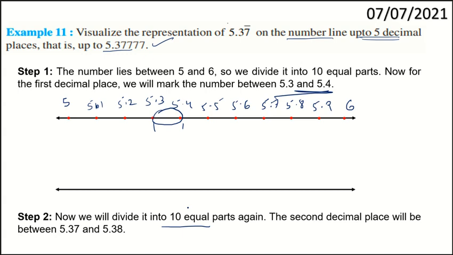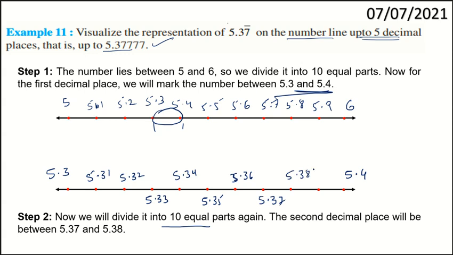So, here I have taken 5.3 and 5.4, that I am dividing into 10 equal parts, where 5.31, 5.32, 5.33, 5.34, 5.35, 5.36, 5.37, 5.38 and 5.39.